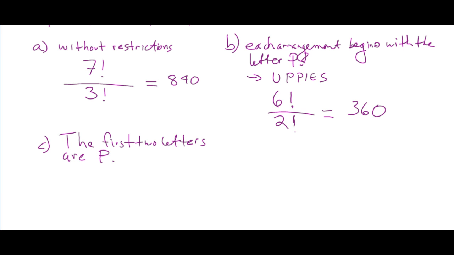Take them out, put them down on the board, wherever you're going to spell out the arrangements, right? And then say, okay, how many letters are left? 5, right? What are those letters? Well, we've got U, P, I, E, S. So that's 5 factorial. Is there any repetition here? No, there's no more repeating letters, so it'll just be 5 factorial or 120 ways, right?